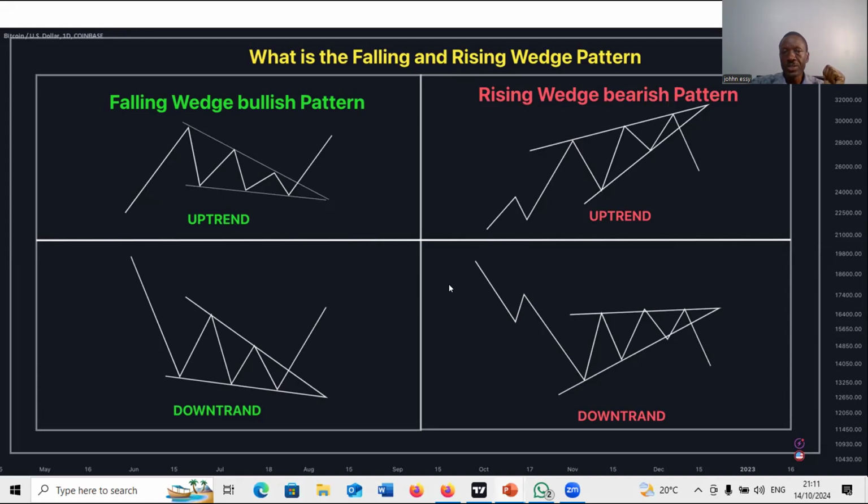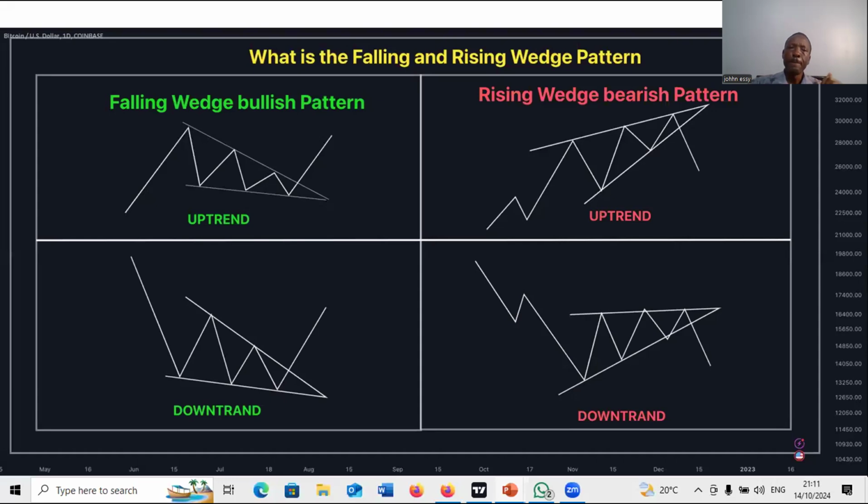Now, what we must know is that the wedge pattern forms due to reduction in activity in the market. The volume will reduce, the momentum of the trading will reduce, and in general, the activity of the market will reduce.